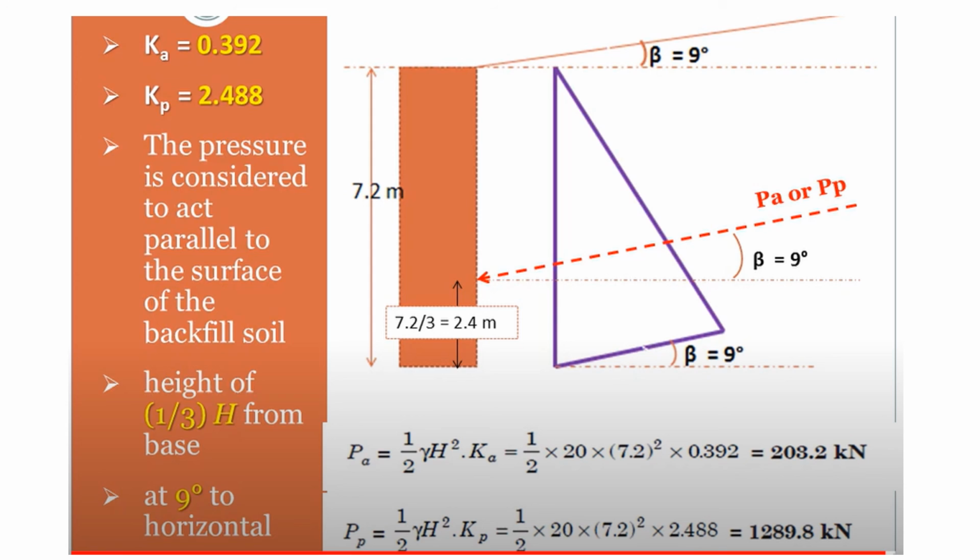So substituting that in the corresponding equations, we have got all the values for these, that is Ka is obtained, Kp is obtained, and gamma is given, H is also given in the question itself. So from this we will be getting the active force as well as the passive force by finding out the corresponding active earth pressure coefficient as well as passive earth pressure coefficient. We will be getting the respective forces.